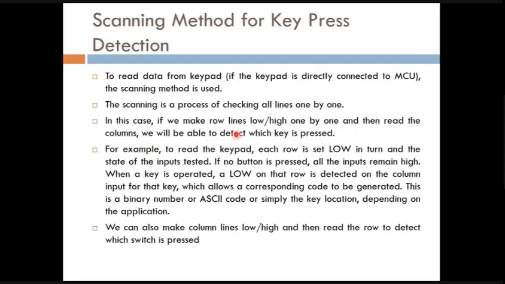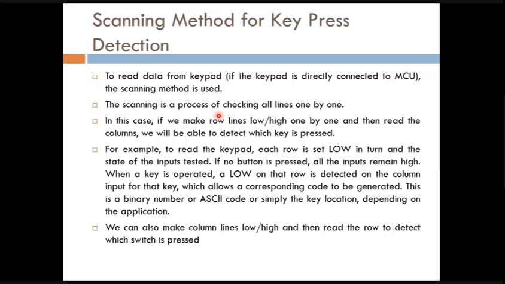So how does the scanning process happen? Basically, first you need to connect directly to the microcontroller. Scanning means that the program is going to scan by checking all lines one by one.